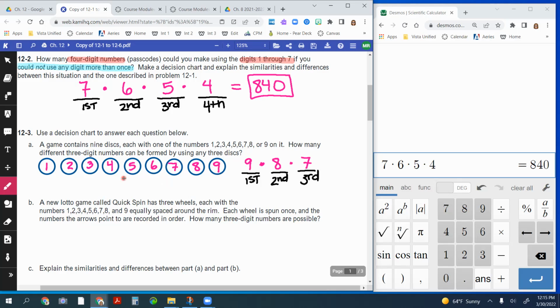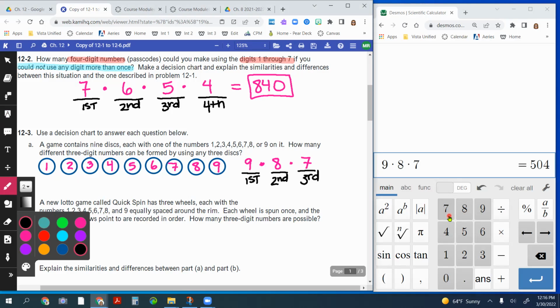I'm not really repeating in this because each time I'm literally taking one of these. So for example, let's say I pick this one, the first one, this one, and then this one. Each time I had 9 for the first, then 8, then 7 choices left. So when I work this out, 9 times 8 times 7, I end up with 504 different choices.